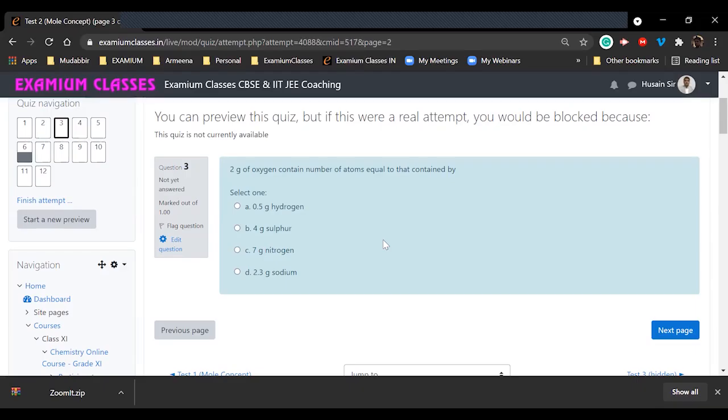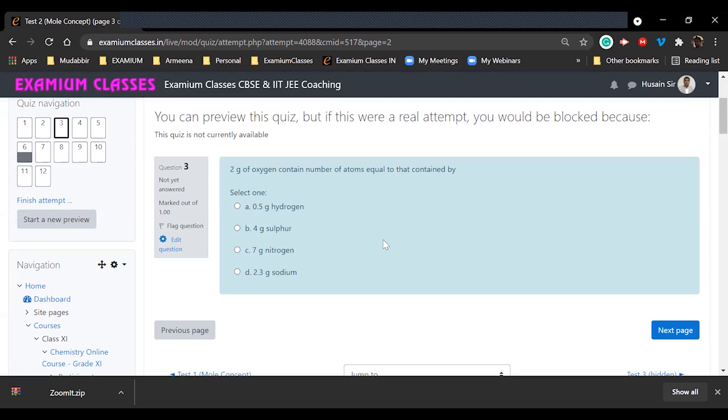Basically you need to apply the formula that it is proportional to something. If you think in that direction, then it will be easy to answer these types of questions. So just think about it before I tell you how to get the answer, not doing so much calculation. What could be the relationship? Remember, mass is given and we are talking about atoms.